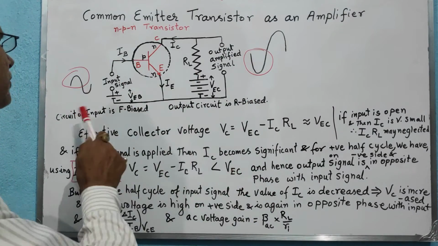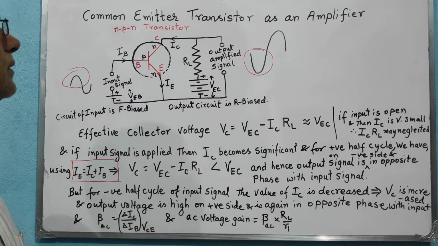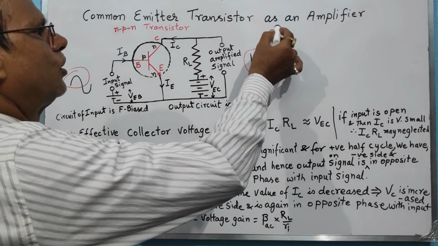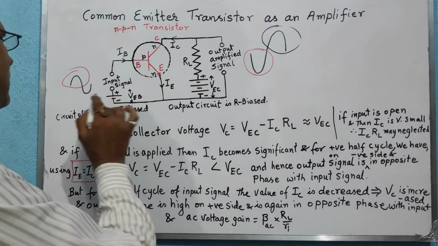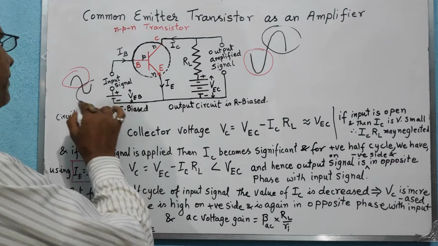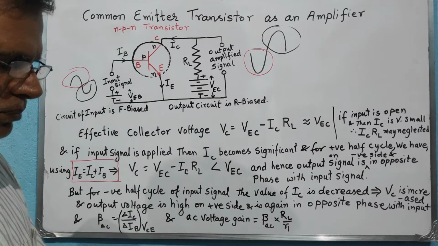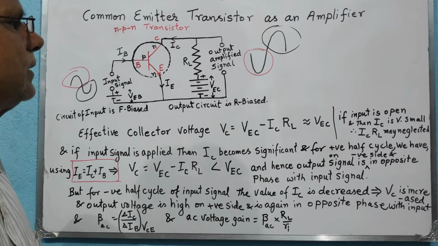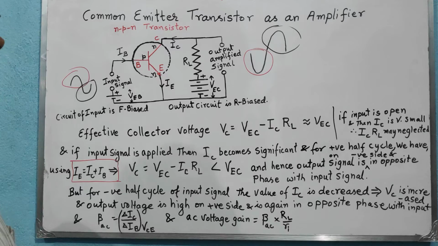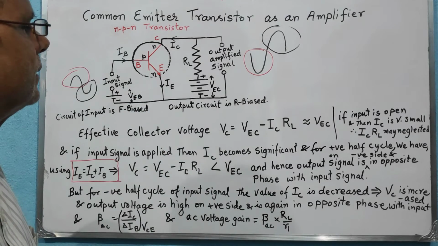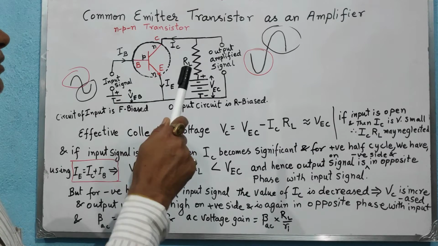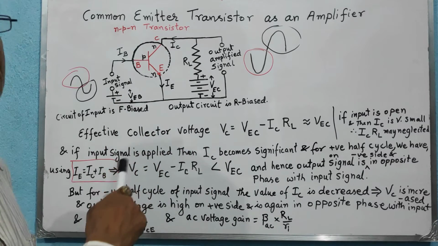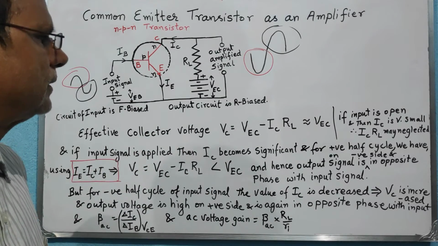So again you see that the output signal voltage is in opposite phase with the input signal voltage. So what you have seen is that in the common emitter transistor, the output is always out of phase with the input signal voltage.